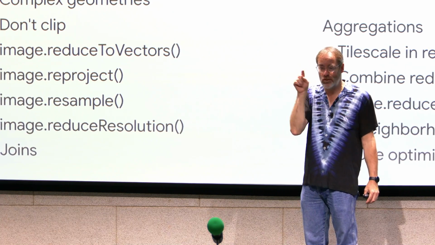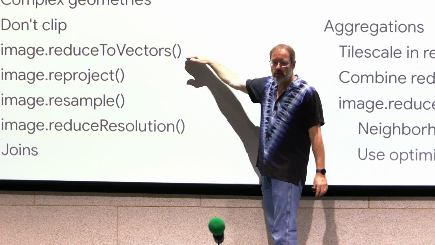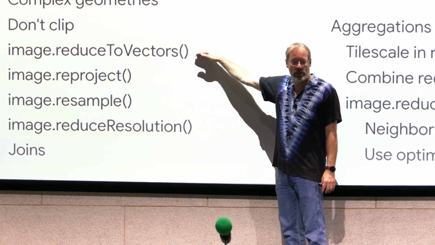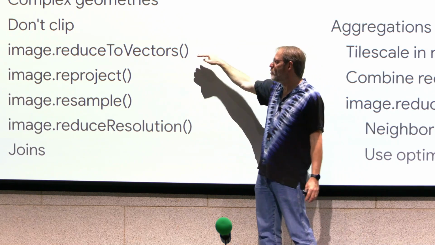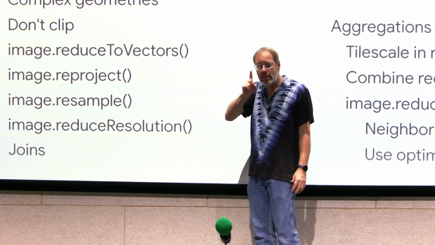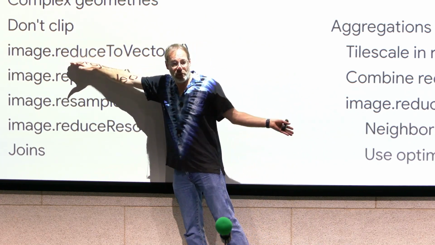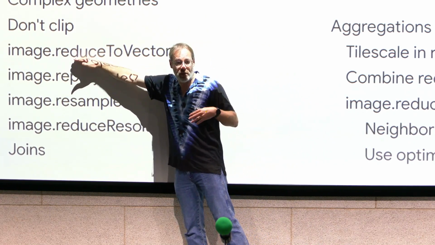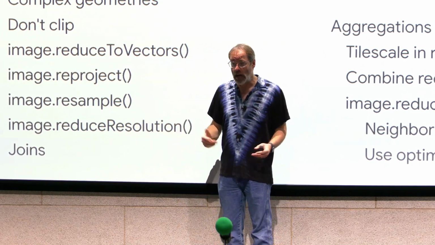We actually draw the geometry around the pixels. So you can easily make million-point geometries, 10 million-point geometries with reduceToVectors, which sometimes is a thing you need. But if you then try to use that in a reduceRegion, you didn't need to, because reduceToVectors will do a reduction, so whatever reduceRegion you're about to do, you could have just done with the reduceToVectors. But B, it's a complex geometry, and it's probably not going to go very well.